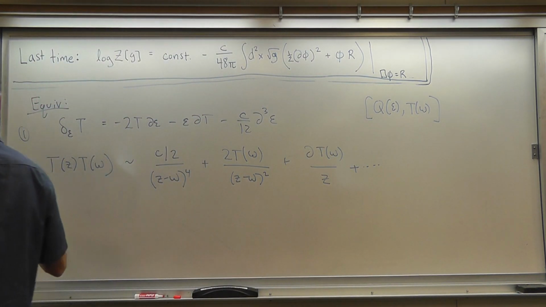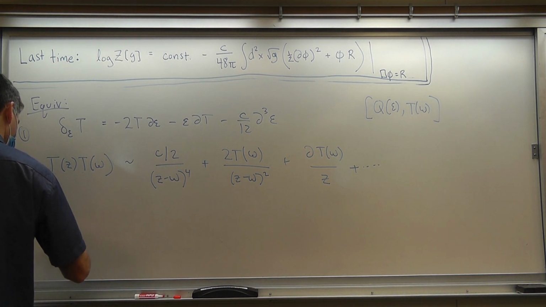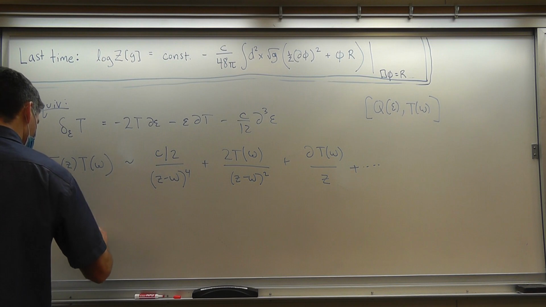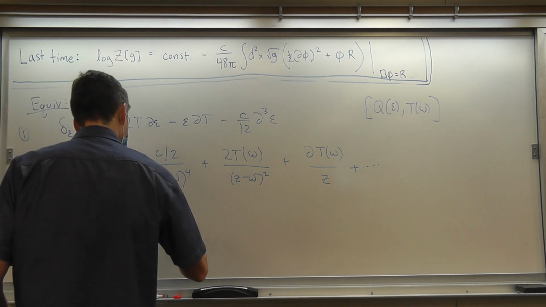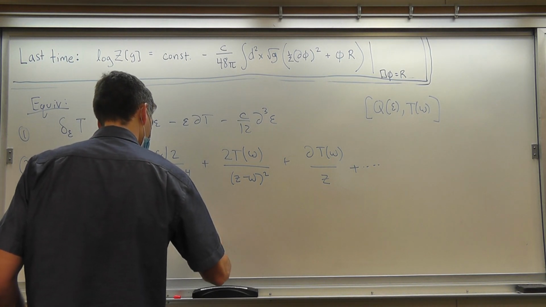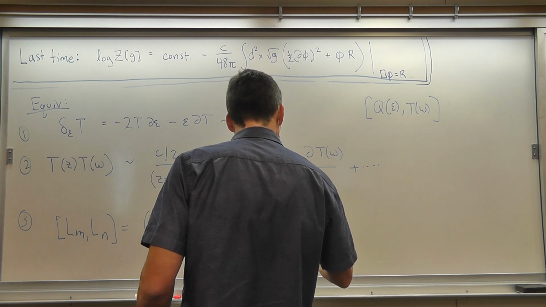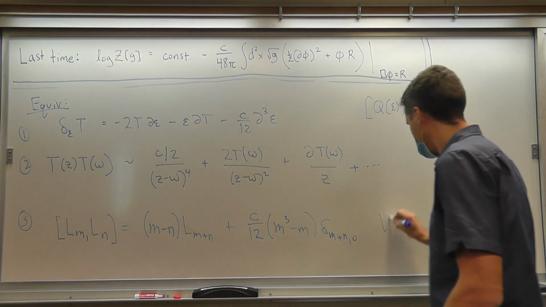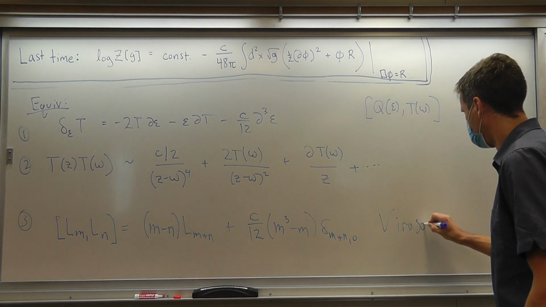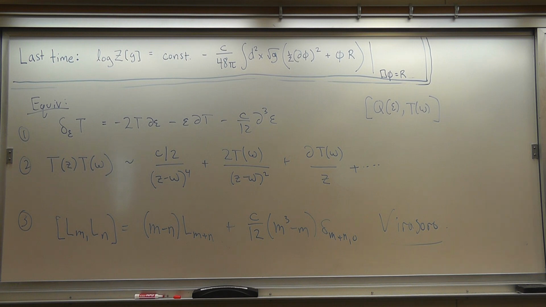The third equivalent way of writing this is as an algebra. This is the Virasoro algebra. I don't think I'm really going to use this in this class either, but I just wanted to put it up there for completeness.